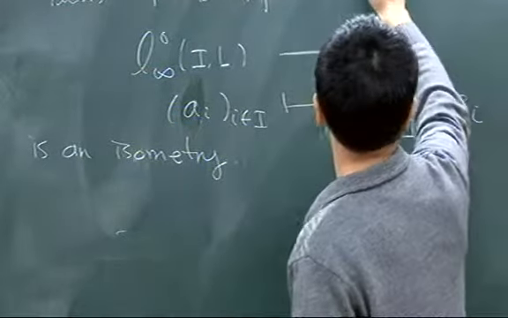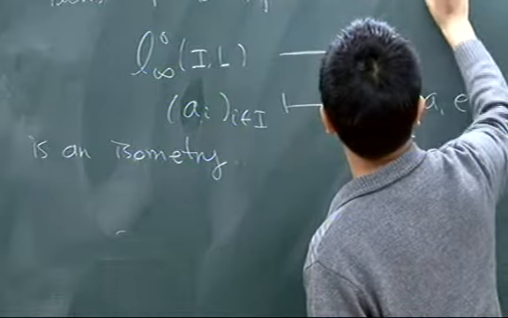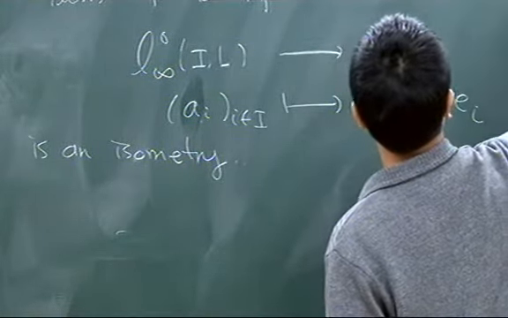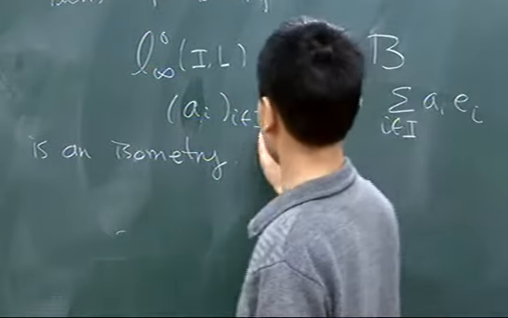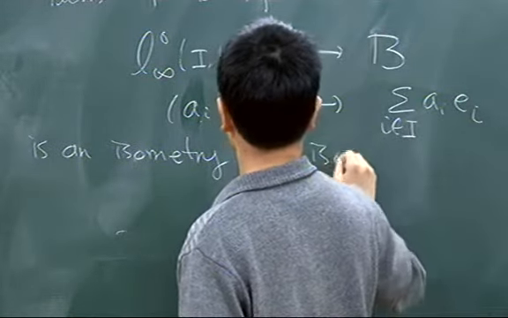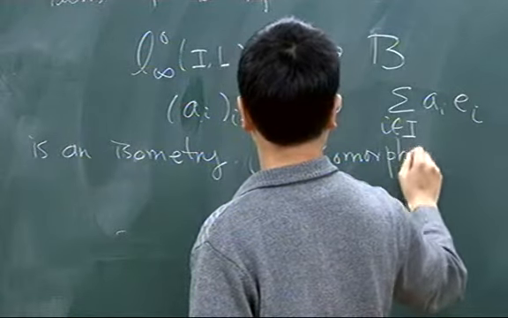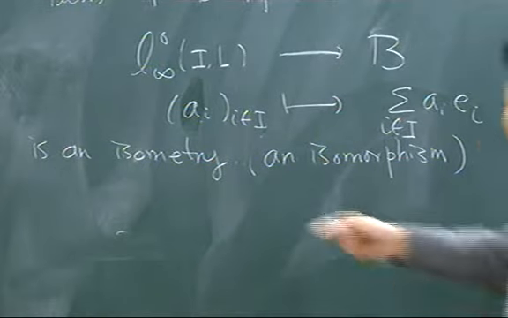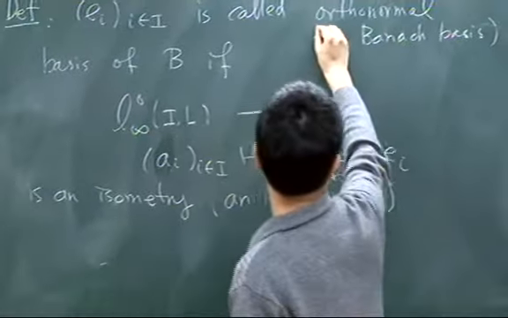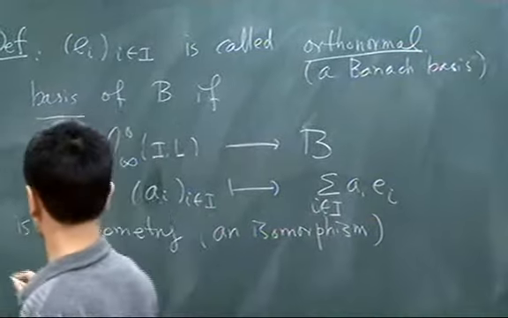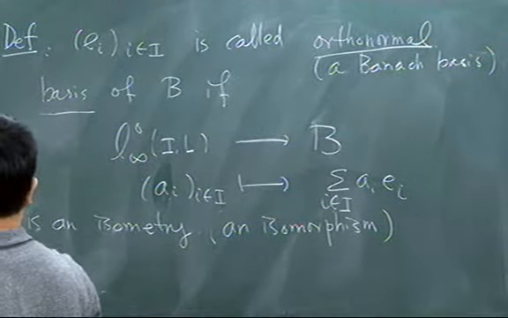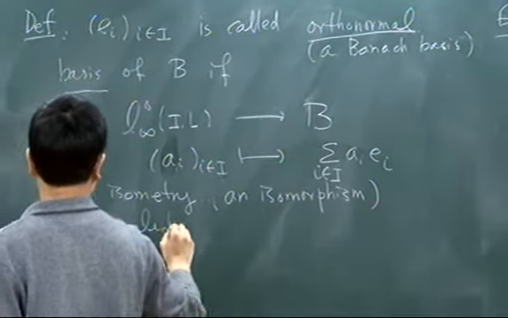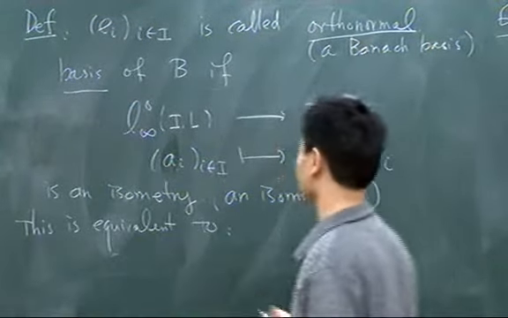If we just say a Banach basis, then this is an isomorphism. So we just change it a little bit. This is called an orthonormal basis, which is equivalent to the following notation.